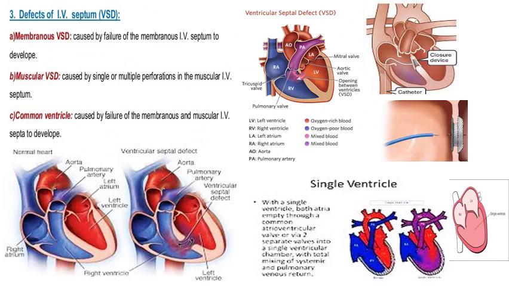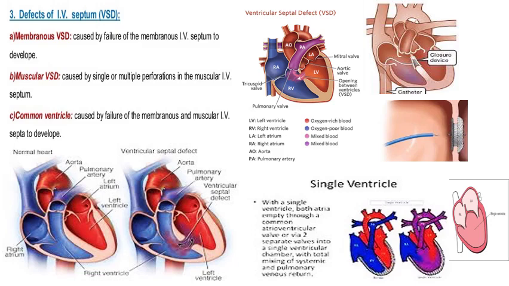Coming to the defects of the interventricular septum. As we said, the interventricular septum has two parts, the muscular part and the membranous part. So there can be a defect in the muscular part, and there can be a defect in the membranous part, because they are all developed from two different sources.